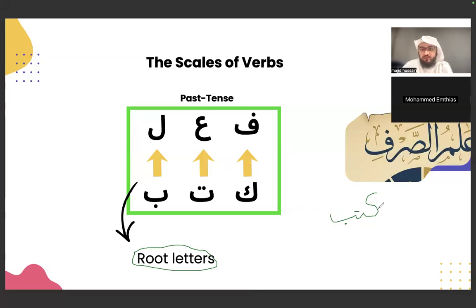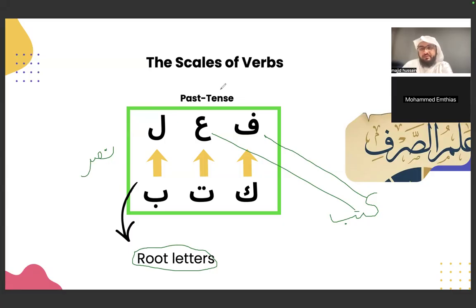I'll just compare each letter with the letters of the past tense, as shown in the picture. Let's say, for example, I take another word, nasara. If I want to know its root letters, I will simply take the root letters and apply them on the past tense, fa'ala.